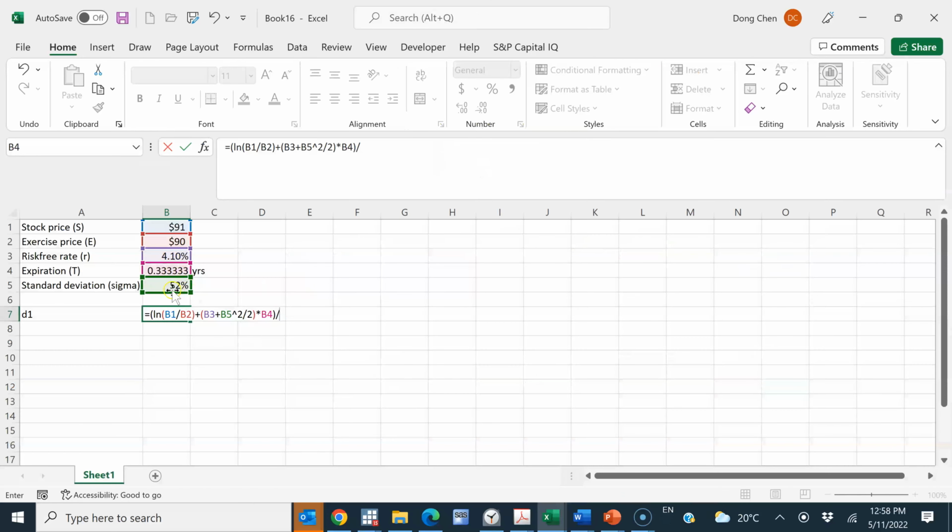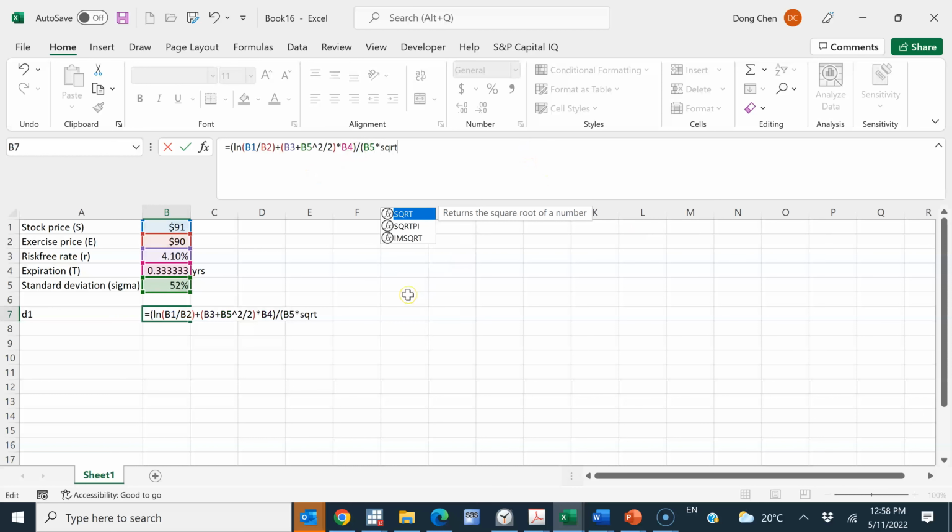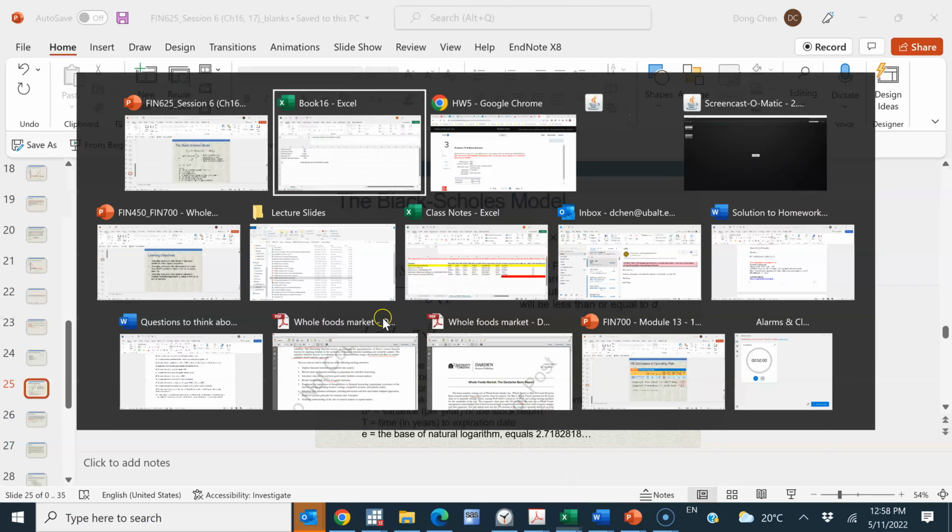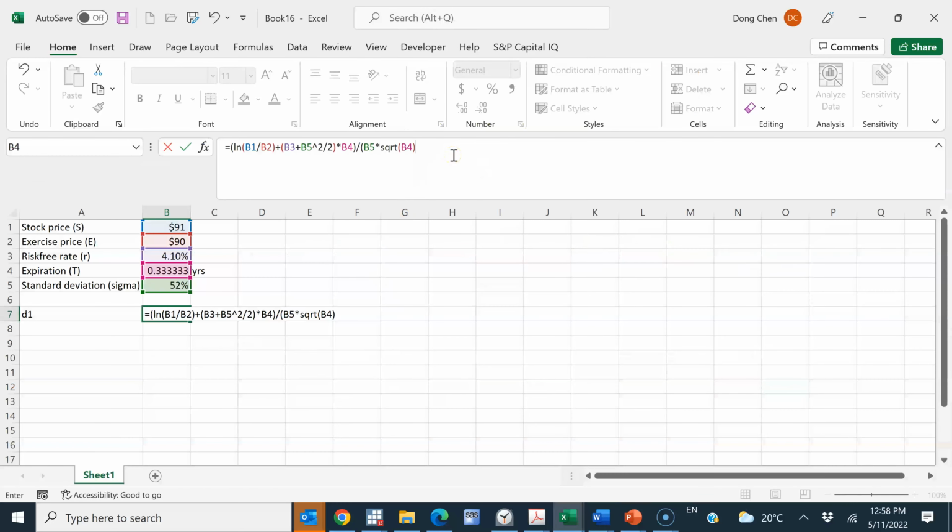Sigma is right here. And then I can just add a parenthesis before sigma because I want to divide by the product of sigma and square root of capital T, right? But you can also write to divide by sigma and then divide further by square root of capital T. And then don't forget we need to close this parenthesis.